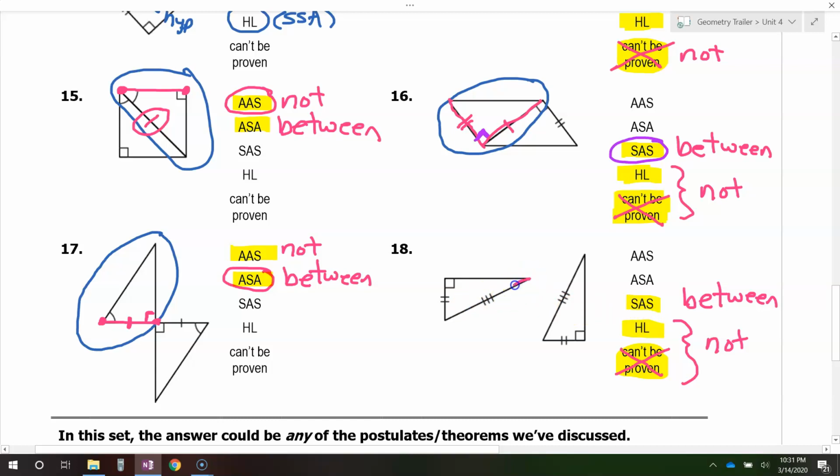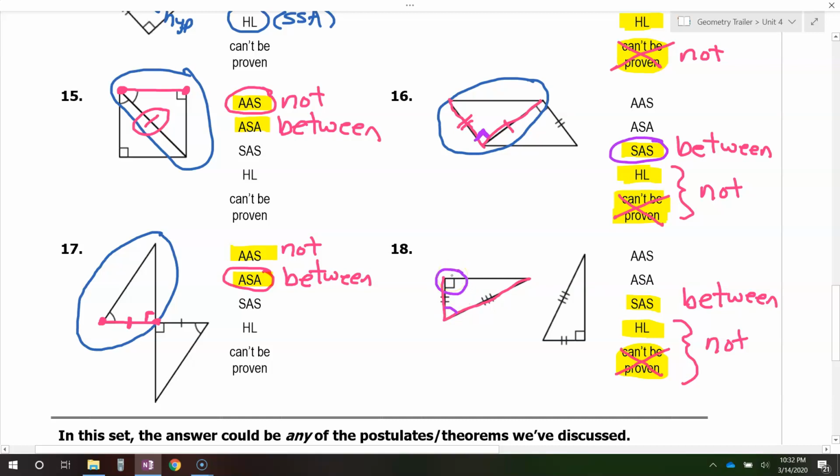So here's a side that we have marked, and here's a side that we have marked. Okay, notice where they meet. They meet right here. This is the angle that is between them, but that is not the angle that we have marked.